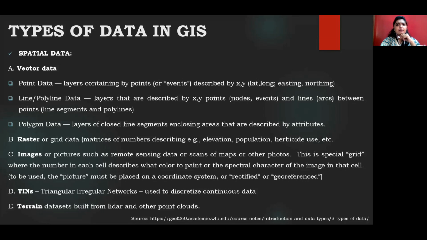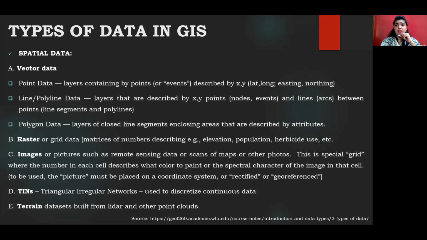Vector data is nothing but point, line, and polygon. We all know how there are different shapefiles and how there are different layers that can be constructed when it comes to point data, line data, and polygon data. What kind of data can be represented as point? Buildings and cities in a map can be shown by point data.